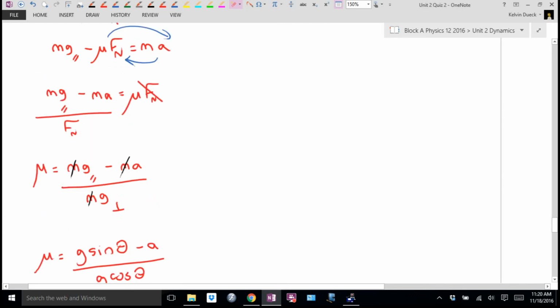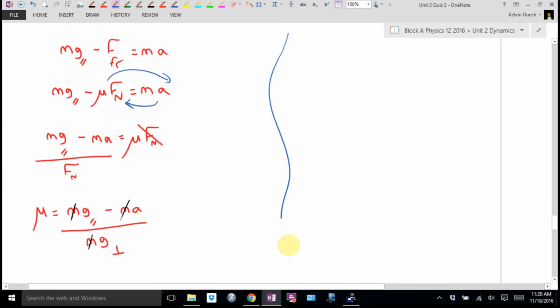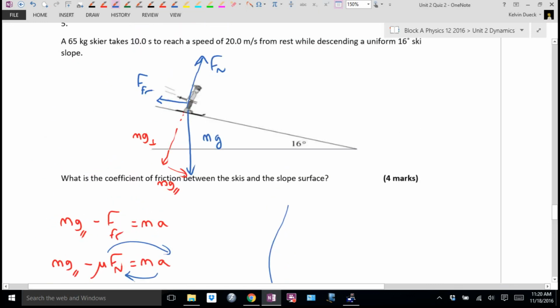Maybe they told me other stuff. Let's see. VI is 0. VF is 20. T is 10. Hey, I can find the acceleration.